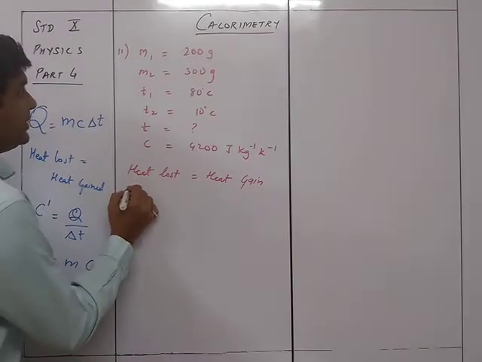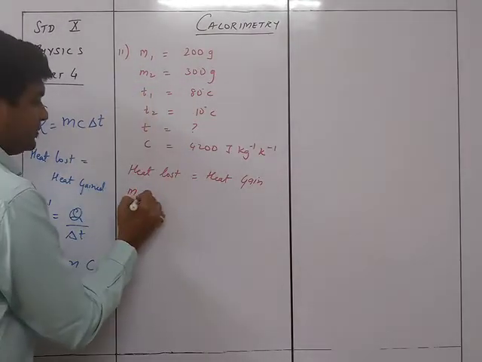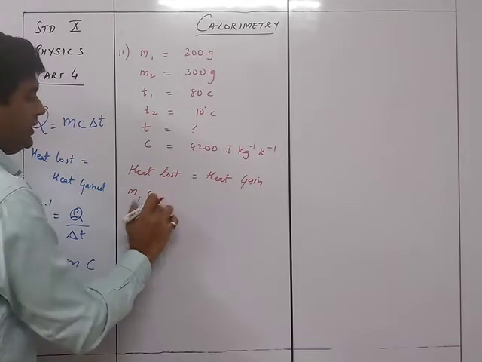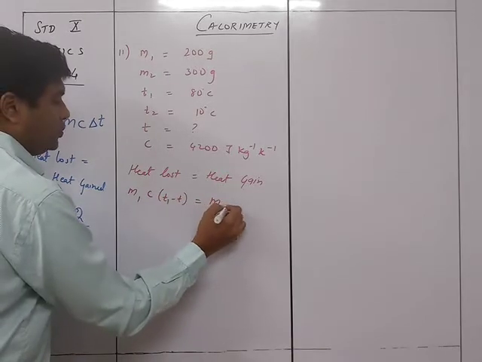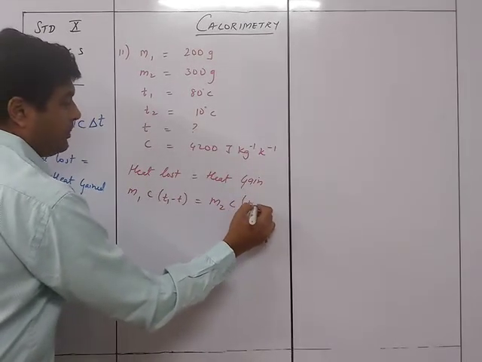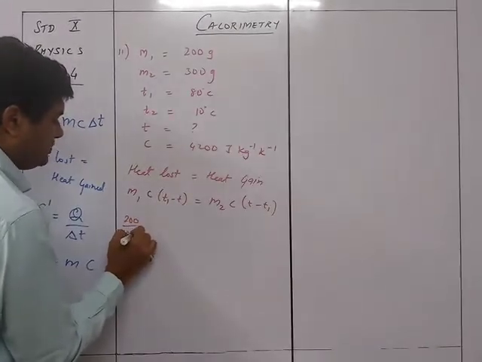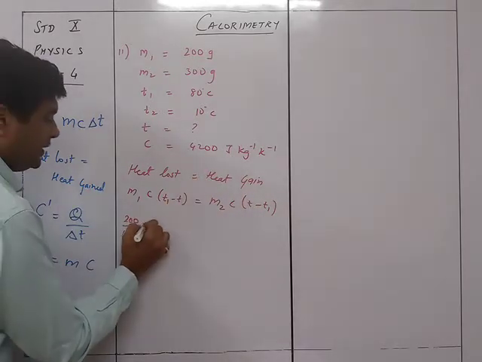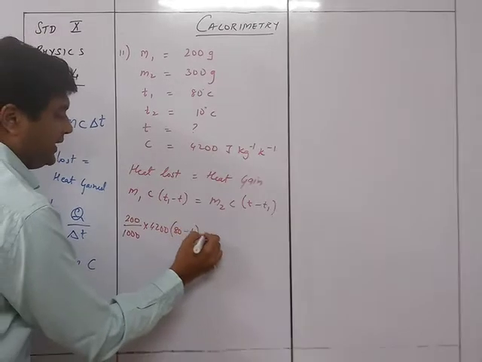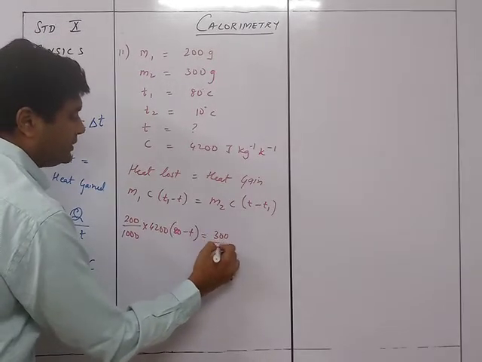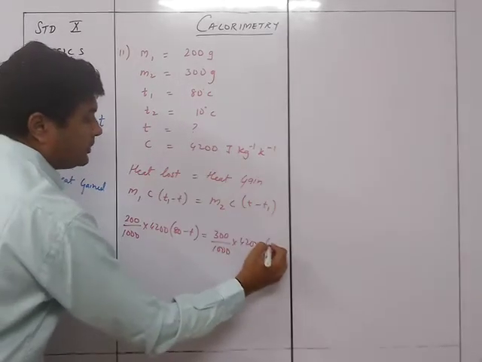So here we know that heat loss will be by the one which is T1. So heat C1 M1 into T1 minus T, and this will be C2 M2 into T minus T2. So that will be equal to 200 upon 1000, because that is in grams and this is in kg, into 4200 into temperature 80 minus T, and this will be equal to 300 upon 1000 into 4200 into T minus 10.